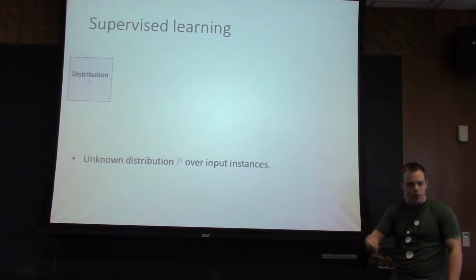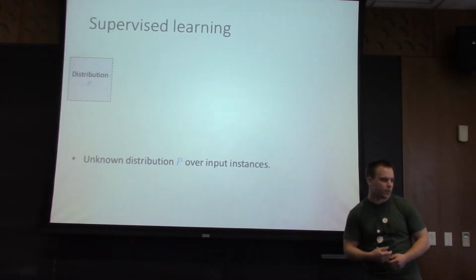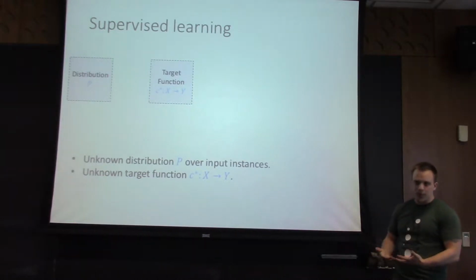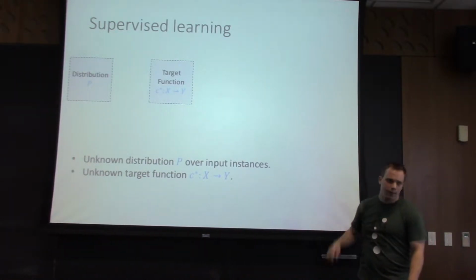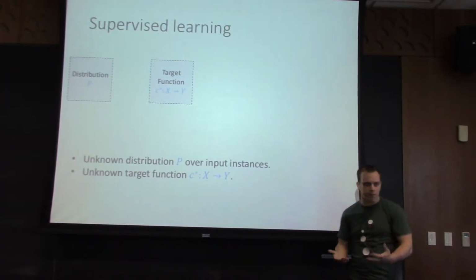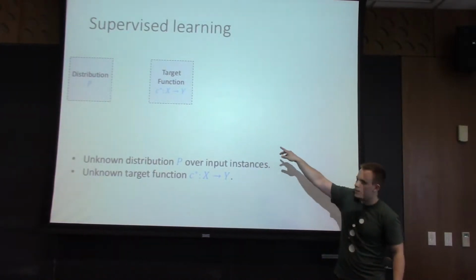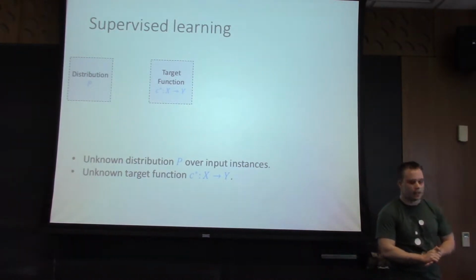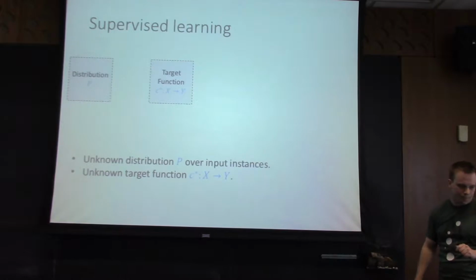This is a distribution that's responsible for generating the data that our algorithm is going to see. We also assume that there's some unknown target function which maps these input instances to the corresponding class labels. Here we're using capital X to denote the space of possible inputs. For the animal classification task, this would be the set of images, and Y is the space of possible classes. In today's talk, Y is going to be some finite set.